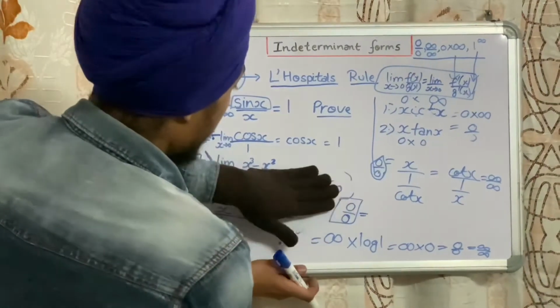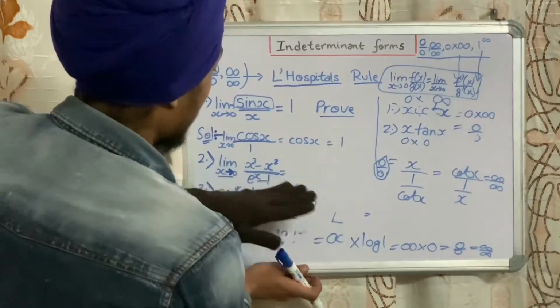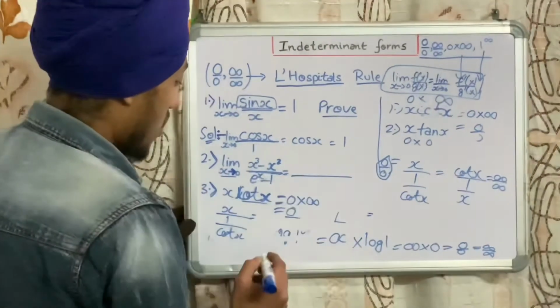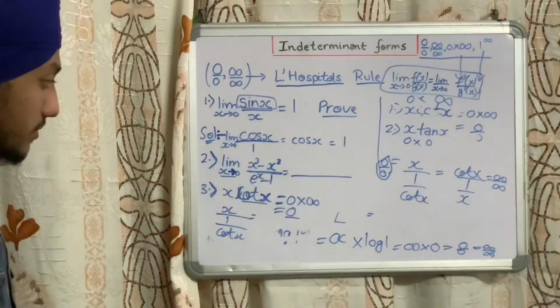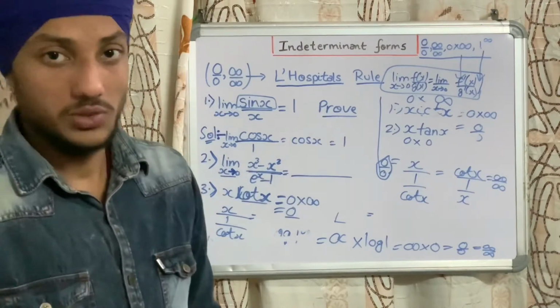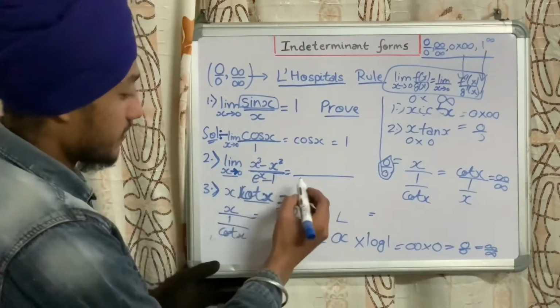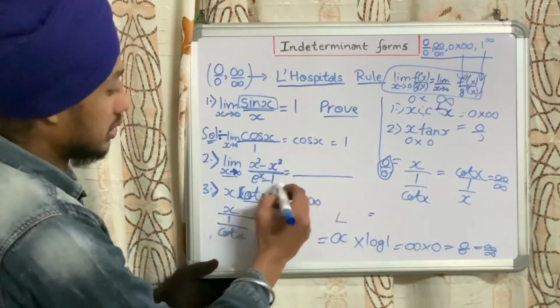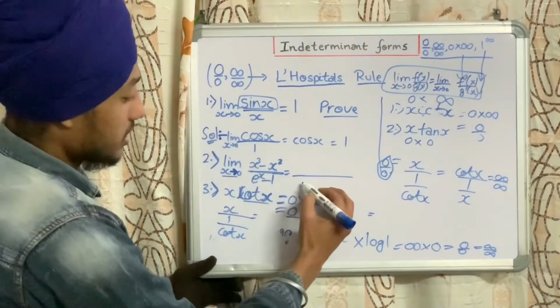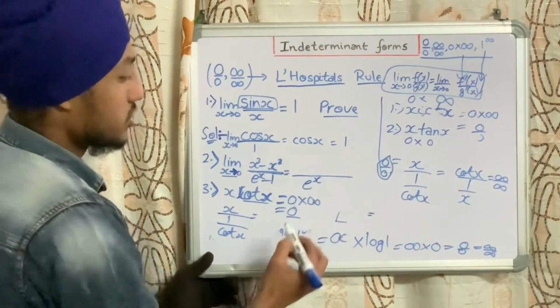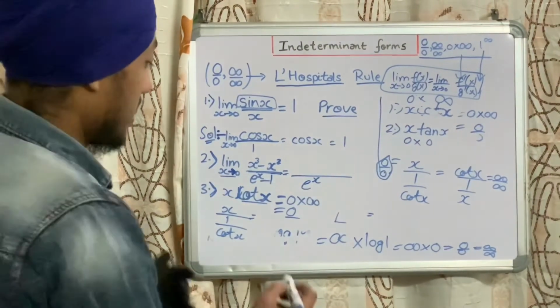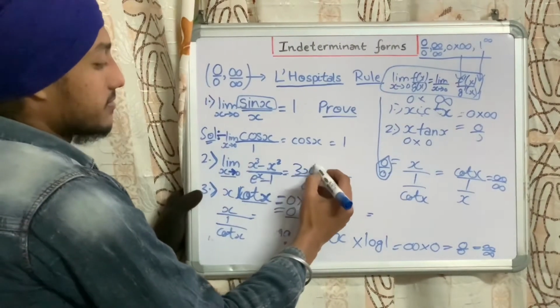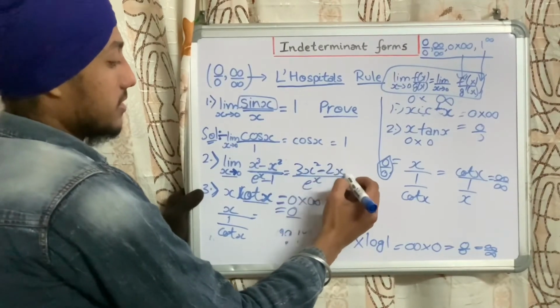So let's apply it to the first question and discuss how we arrive at our answer by using L'Hopital's rule, just by differentiating the numerator and denominator. This is from the definition of L'Hopital's rule. So the derivative of x e raised to power x is e raised to power x, and here we have x square minus 2x.